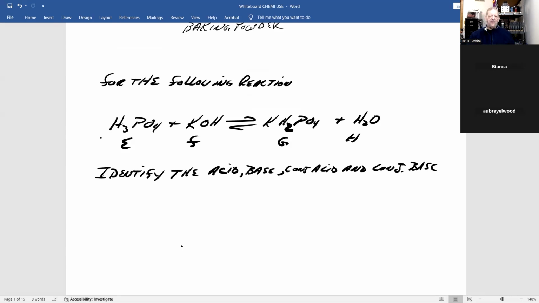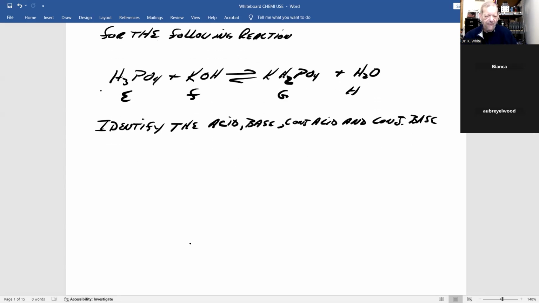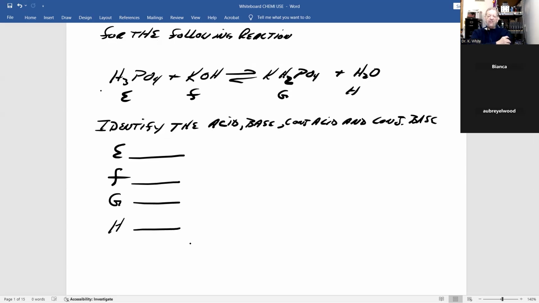All right, for the following equilibrium reaction, phosphoric acid H3PO4 plus KOH gives potassium phosphate plus water, you have to identify each one of those as either acid, base, conjugate acid, or conjugate base.